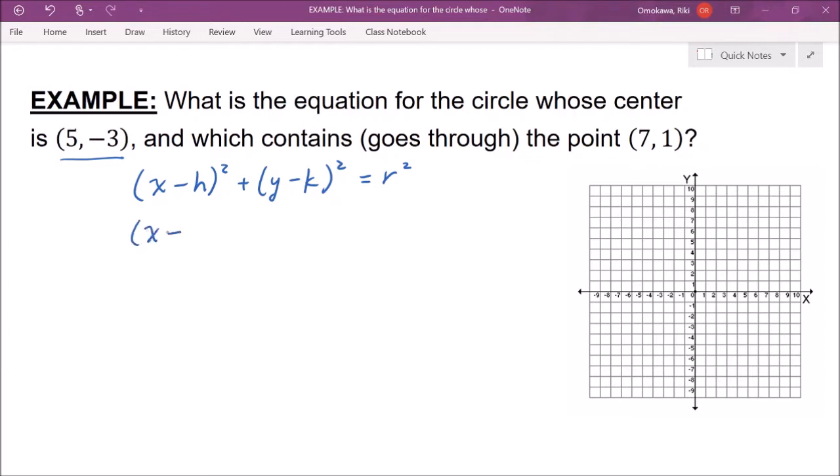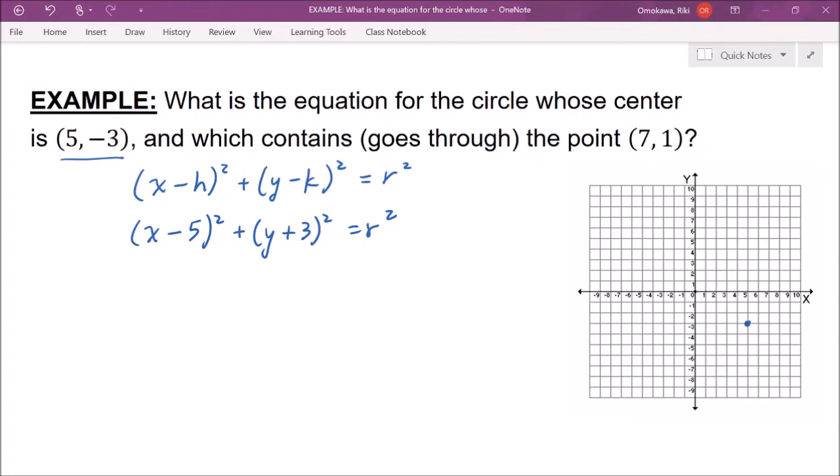So x minus 5 plus y minus negative 3, which will make this plus 3, squared equals r squared. And again, we still don't know r. Now they are giving us some other info. The circle goes through the point 7, 1. So let's just sketch this, okay? The center is at 5, negative 3. So I'll write 5, down 3, so here.